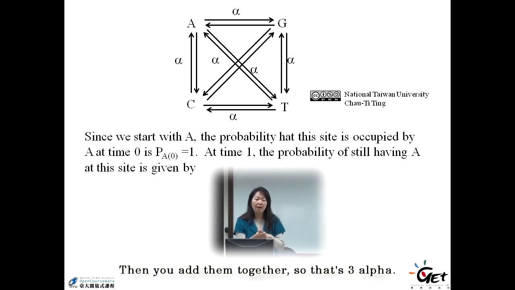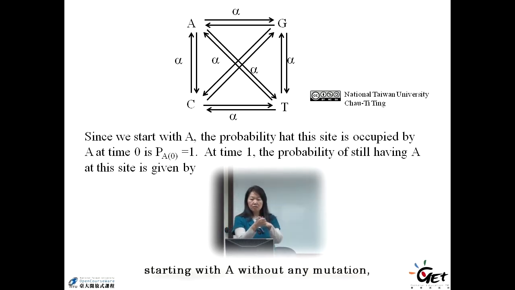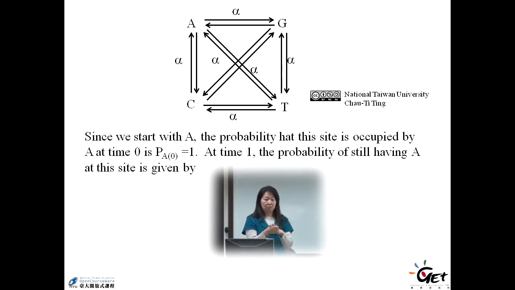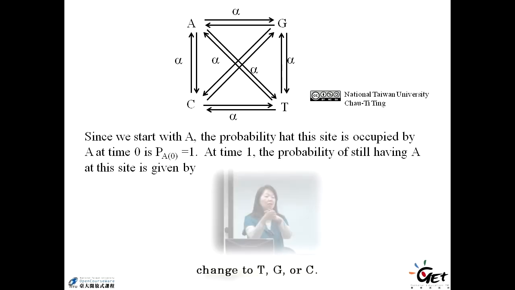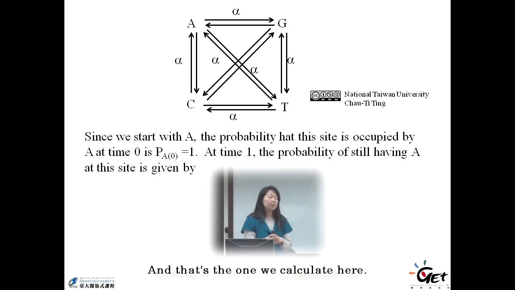So that's 3 alpha. And what's the probability for a nucleotide starting with an A, without any mutation, to end with an A? That means the nucleotide didn't change to T, G, or C. That's the one we calculate here.